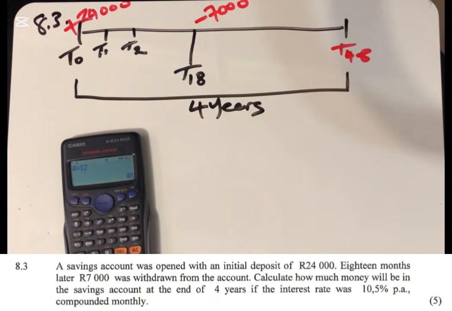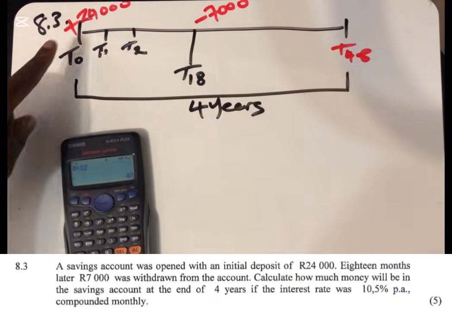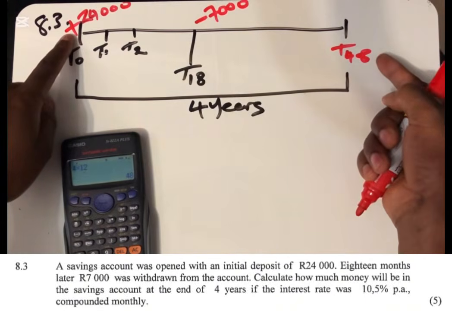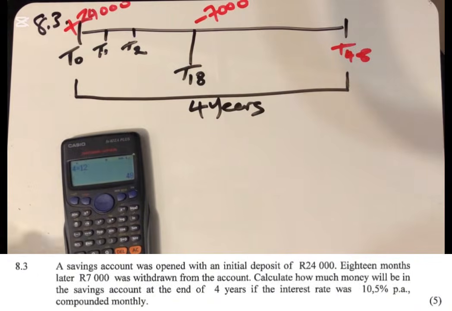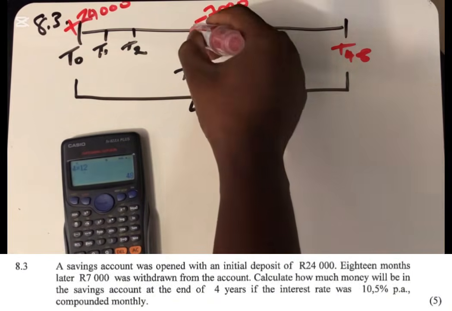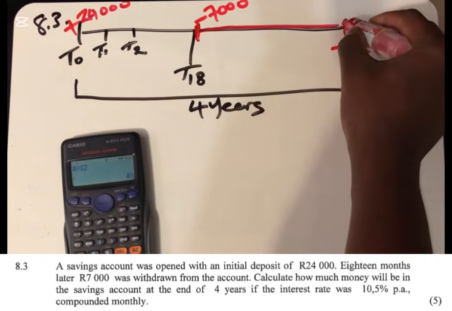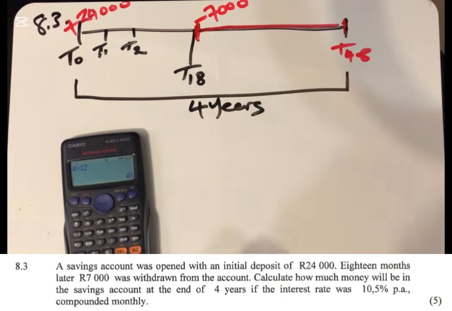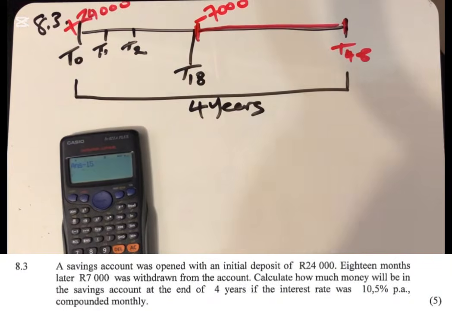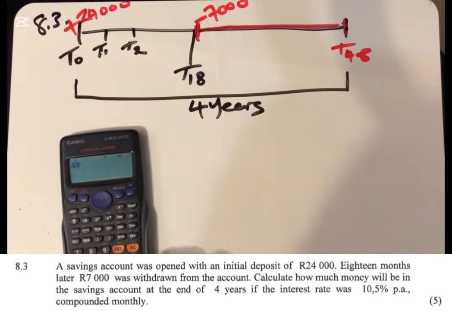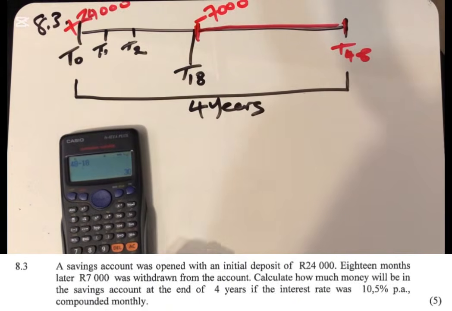Again, you should not forget, this 24,000 we are going to raise up to T48. But the 7,000 starts from T18 to T48. What is the difference between 48 and 18? 48 minus 18 gives you 30.